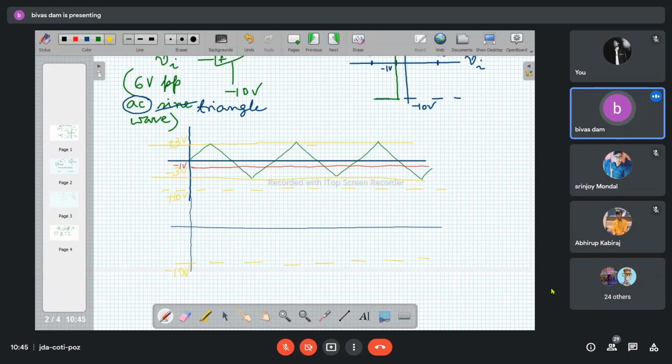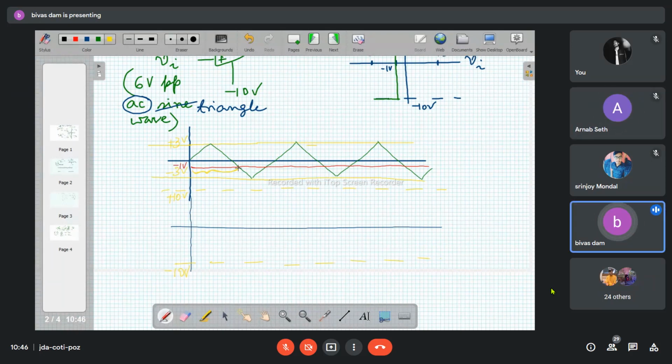Throughout this portion of time, what is the input voltage? What is the relationship between the input voltage and the reference voltage?